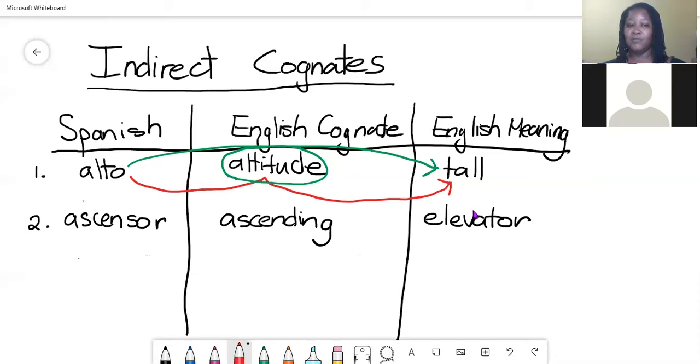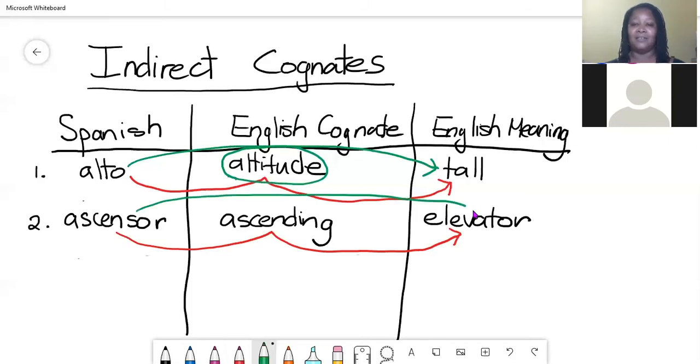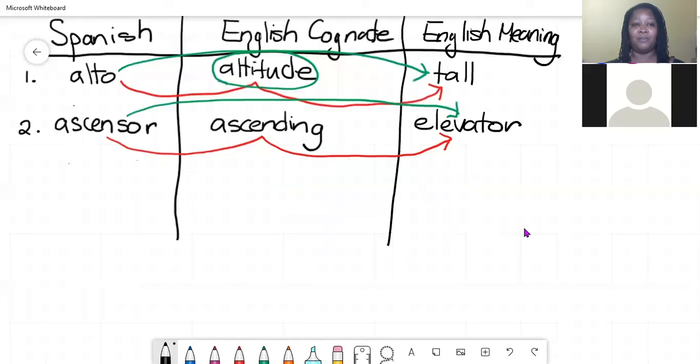Ascensor resembles ascending. It doesn't mean ascending. It just resembles it. And ascending has to do with elevators. Ascensor means elevator. We're going to be doing 10 of these, so we have 8 more to go. Let's get some space to work with.